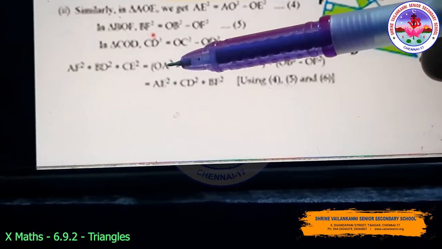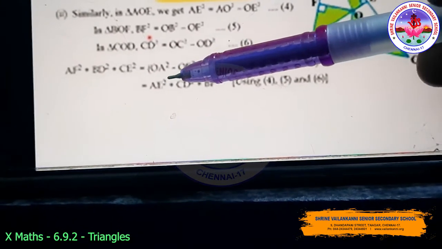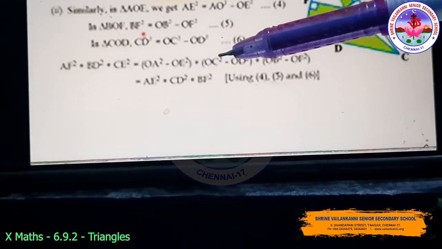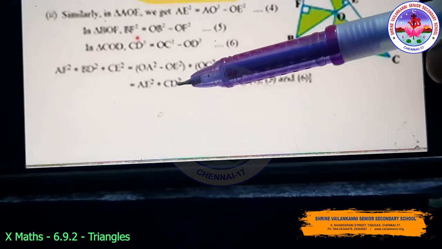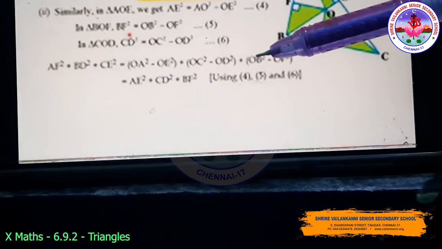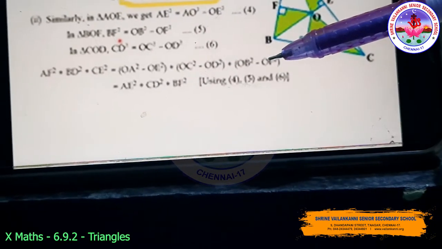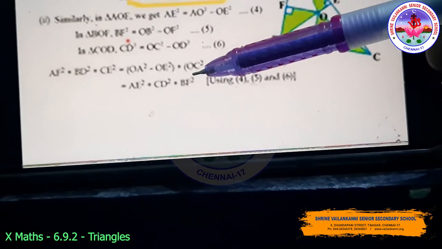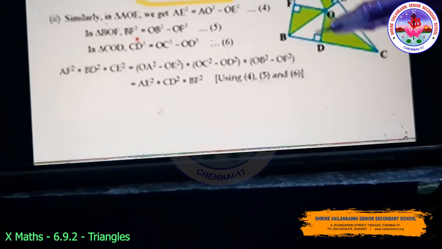Going to substitute the values here, so that OA square minus OE square is equal to AE square, OC square minus OD square is equal to CD square, OB square minus OF square is equal to BF square.